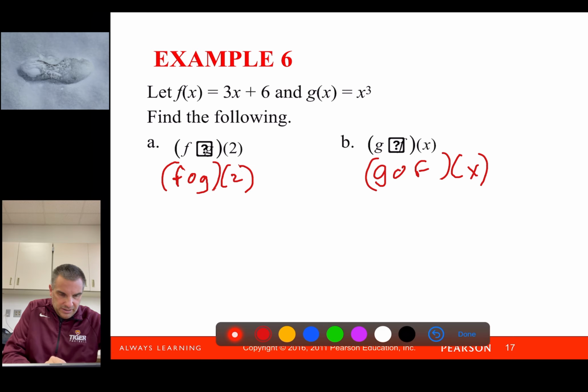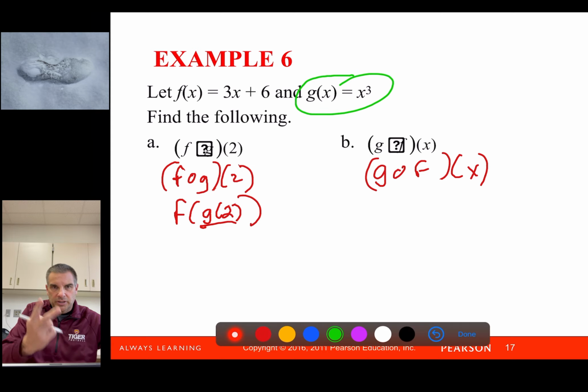So I'm going to rewrite this as f of g of 2. I look at my g function, and anywhere in my g function where I see an x, I'm going to replace it with a 2. So this means I'm going to find f of 2 cubed. Well, 2 cubed, 2 times 2 is 4, times 2 is 8.